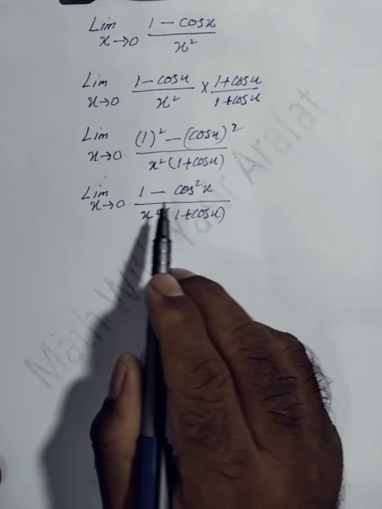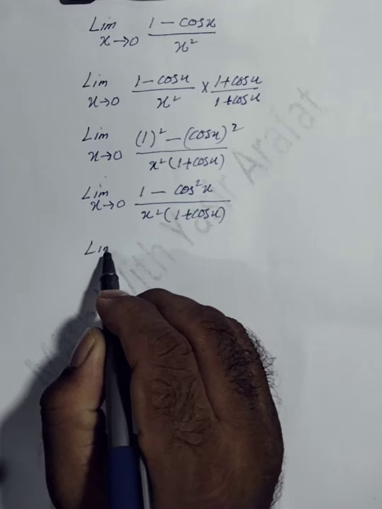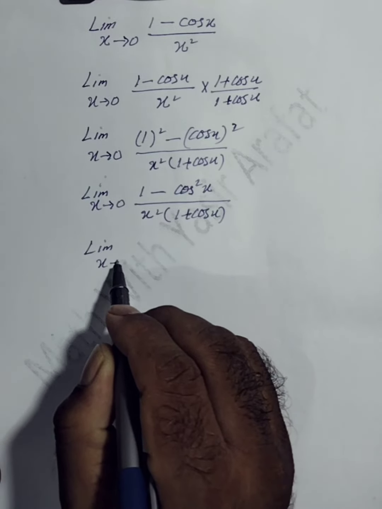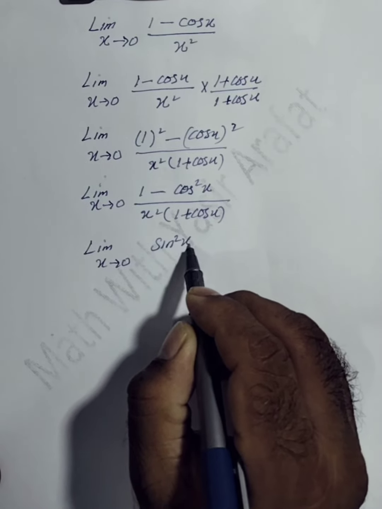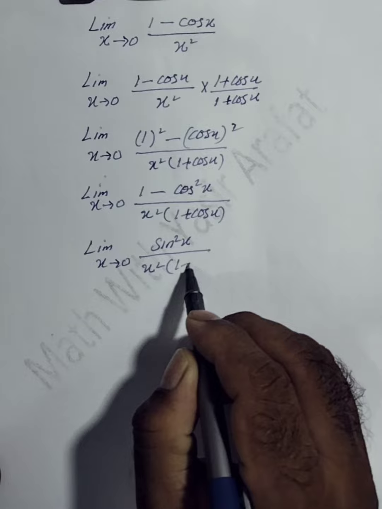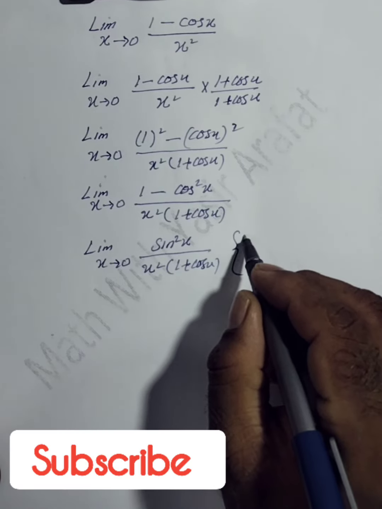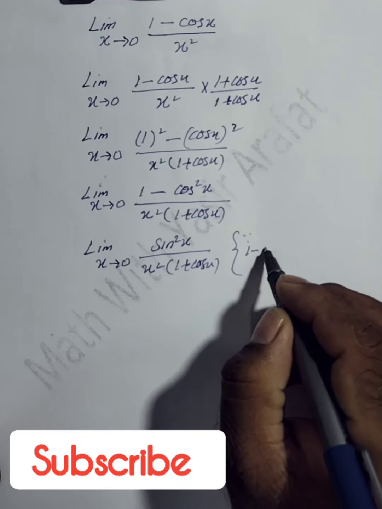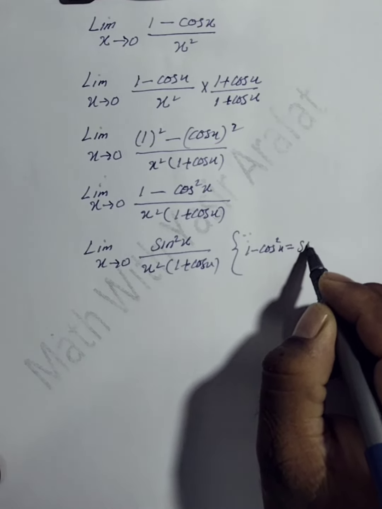We know that 1 minus cos square x is equal to sin square x. So this is sin square x over x square times 1 plus cos x, because 1 minus cos square x is equal to sin square x.